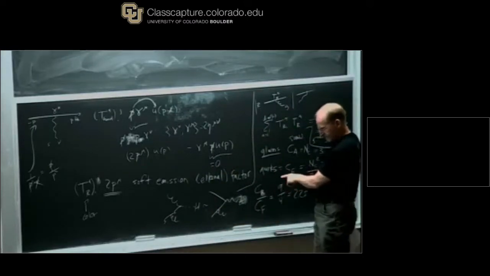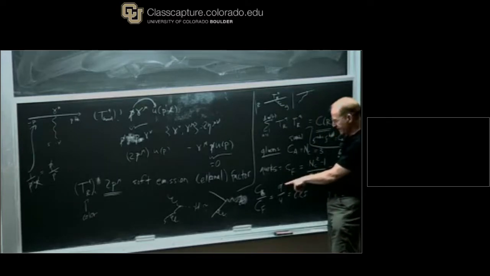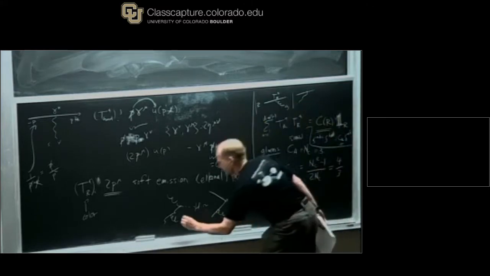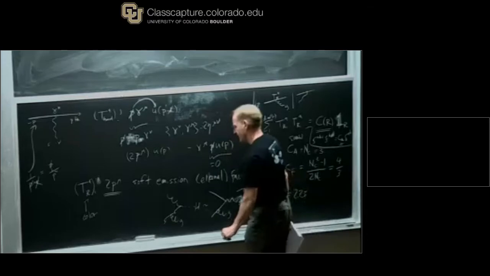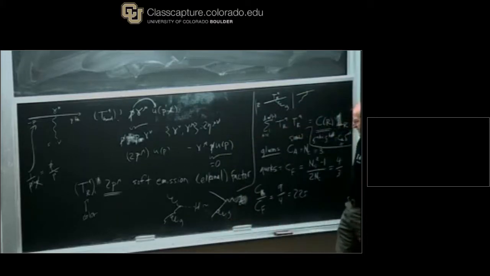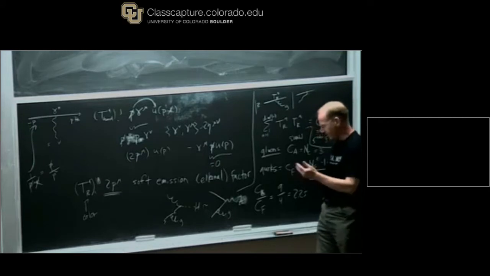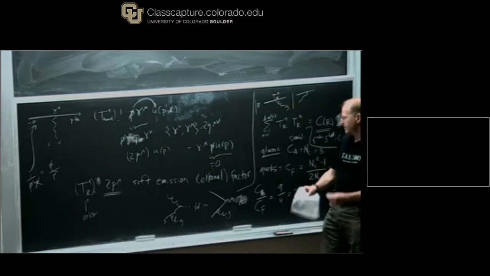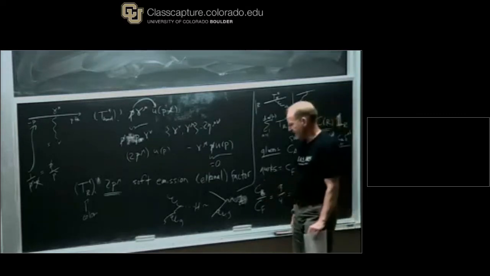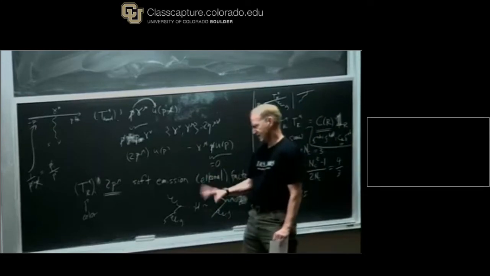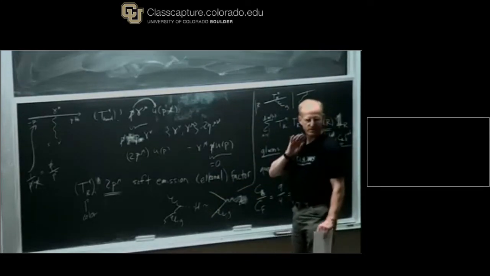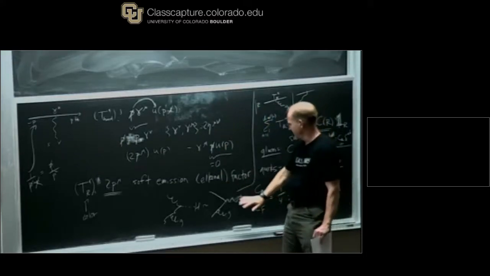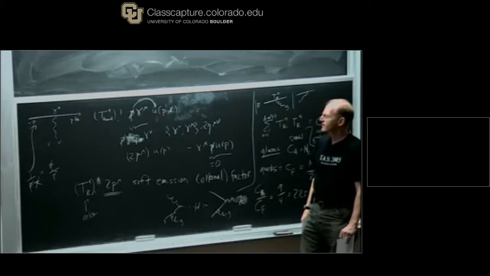The difference is that you get a relative color factor of CA over CF, which is bigger for the gluons. So this is one of the reasons why the Higgs cross-section has a much worse perturbative behavior than the Z cross-section, and it's much harder to get good accuracy on it. There's a second reason too, which has to do with how fast the relevant parton distributions are falling. The gluon distributions are dropping much faster than the quarks are, and that also makes a difference.